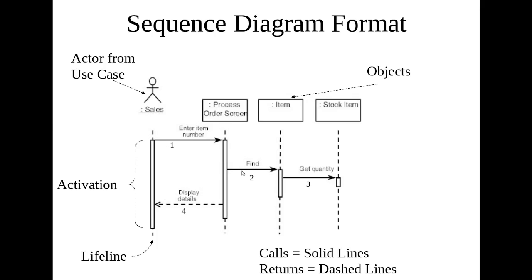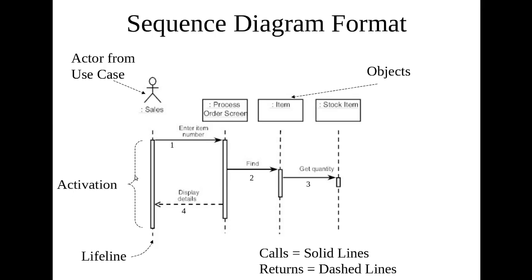Here you can understand these are the solid lines. These solid lines are representing that we are calling a function of a particular object. We are requesting something, you can understand. So we are requesting here. These dashed lines show that we are returning something. Okay.